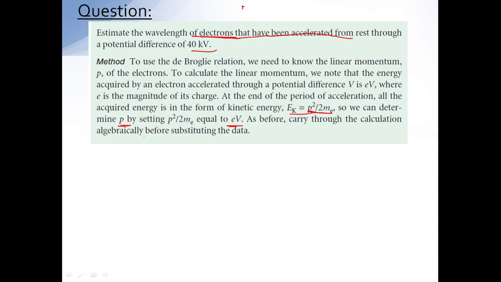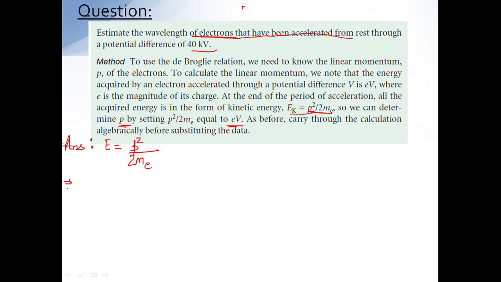Now let me write the given things. E is equal to p square upon 2me, where me is the mass of the electron.